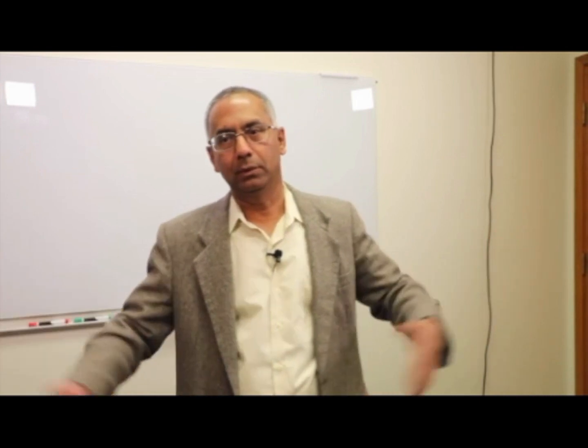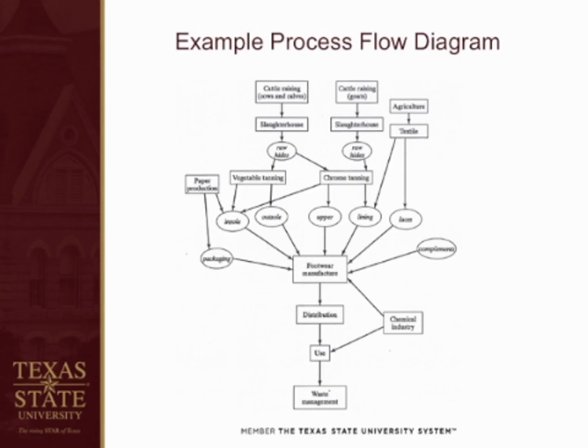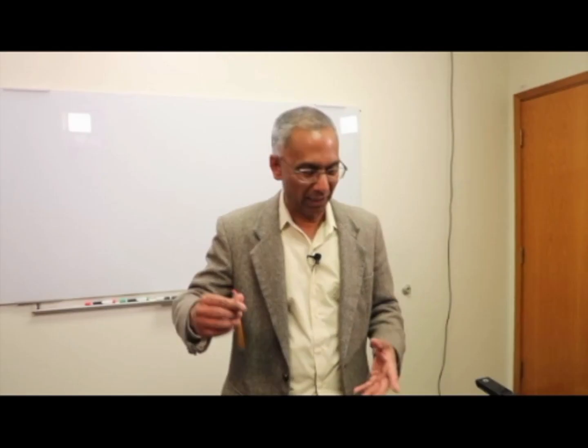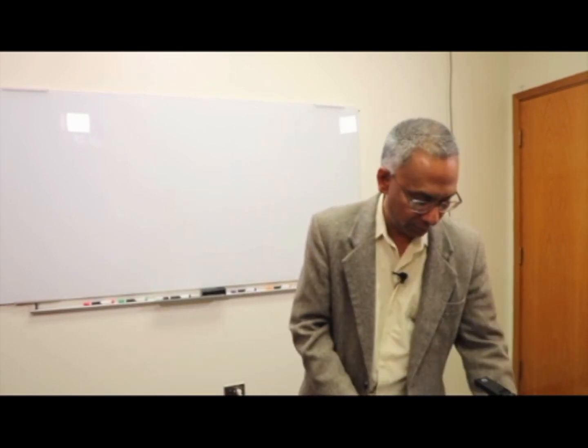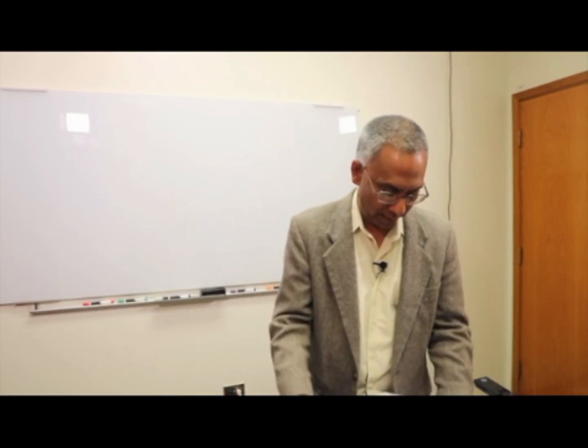Agriculture is a big box. You're planting the plants and helping them grow. Then it's harvested and made into textile. In textile, there are so many processes that go on. So each box represents a process. The line with an arrowhead shows the direction of material flow. This gives you a snapshot of what goes on in the process of making footwear.